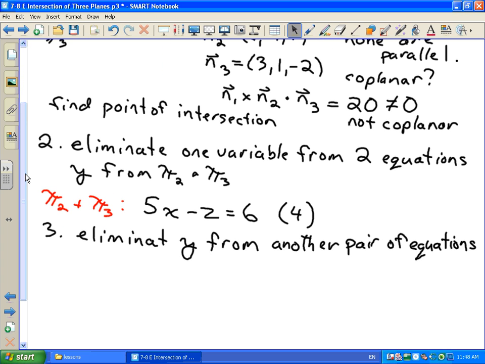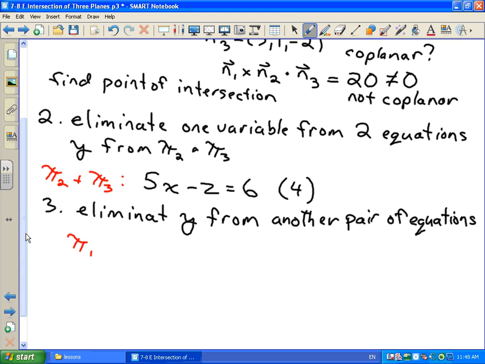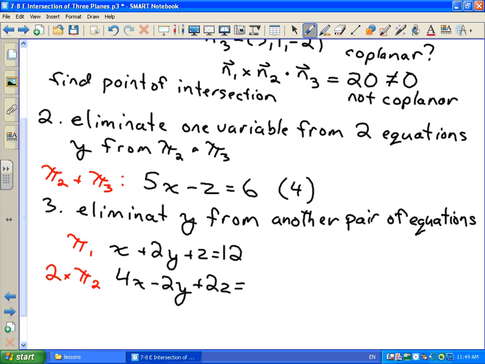So let's write this out here. We've got plane 1, which is x plus 2y plus z equals 12. And we're going to then work with 2 times plane 2, which is going to be 4x minus 2y plus 2z equals 10.